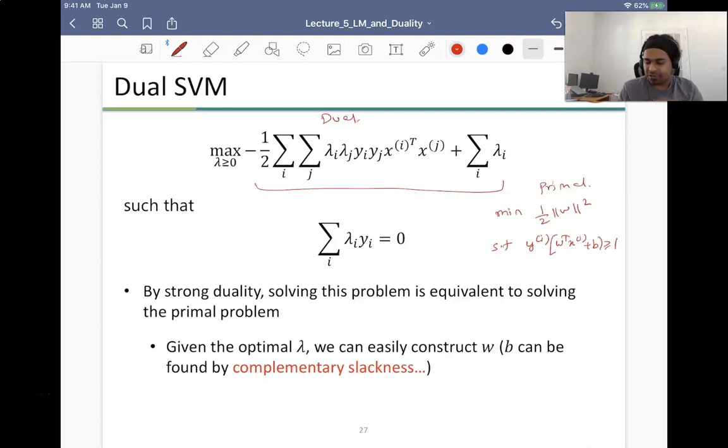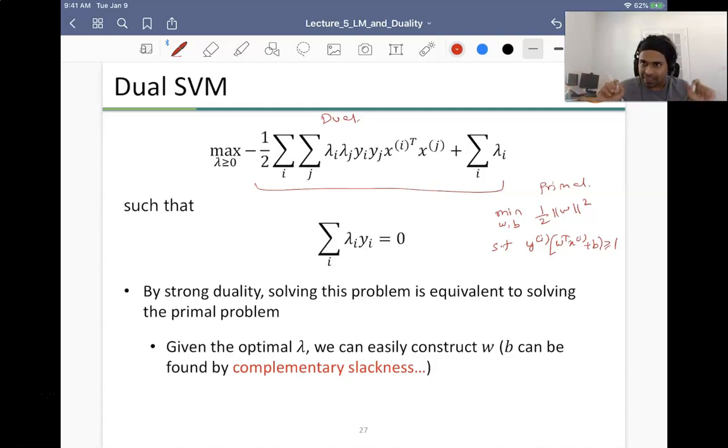This was also a constrained problem. Now I have converted my primal problem into a dual problem. Here my optimization parameters were w and b, but my dual problem has no w and b. I replace them with lambda.